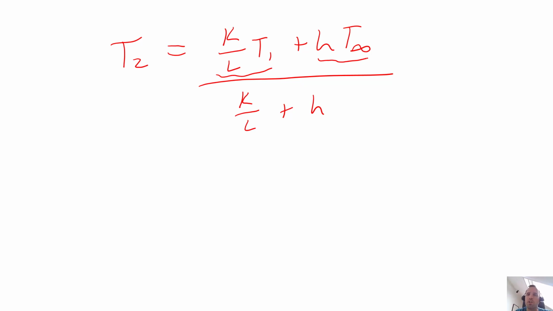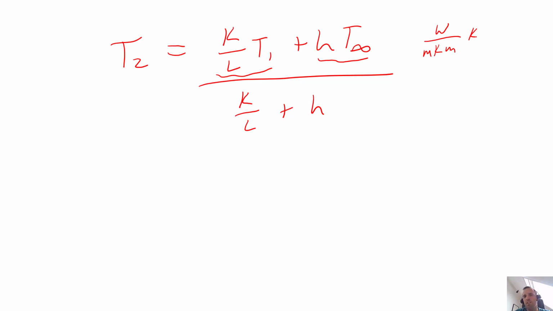Let's look at the first term. k has units of watts per meter per Kelvin, divided by L, which has units of meters. We then multiply by T1, which has units of degrees C, but since everything we're doing is on a delta T basis, we can just call that Kelvin for now.